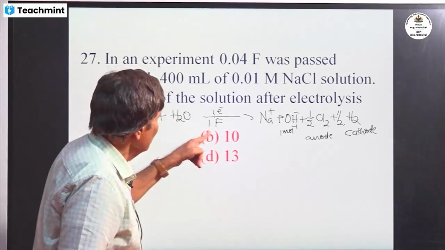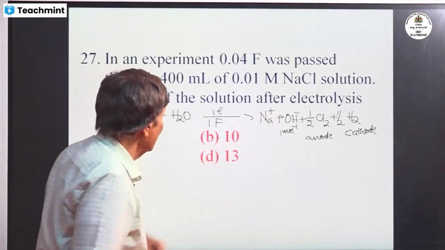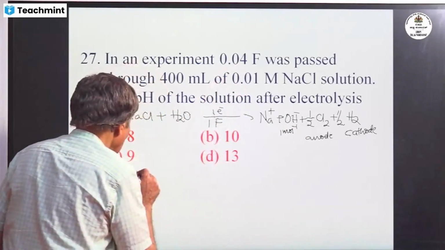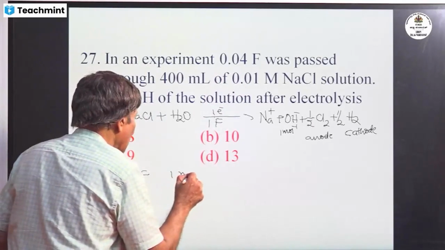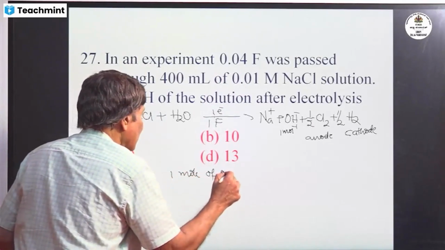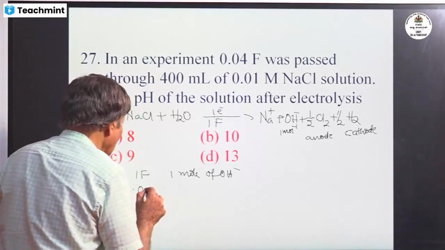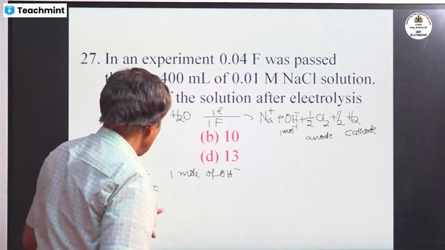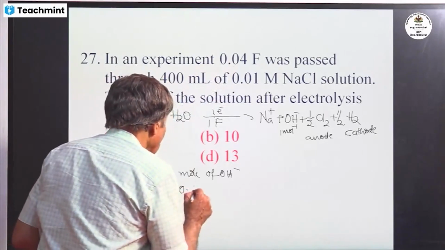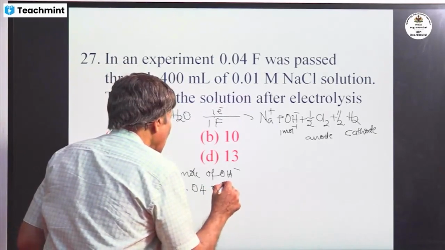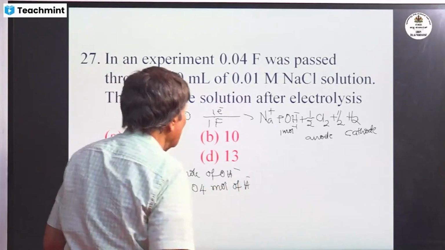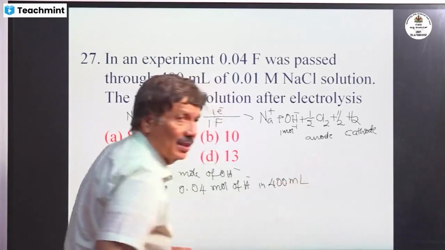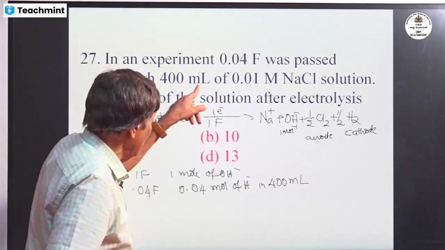Therefore, 0.04 Faraday, because that is what they are passing, gives 0.04 mole of OH minus in 400 milliliter. The volume of the solution is 400 milliliter.